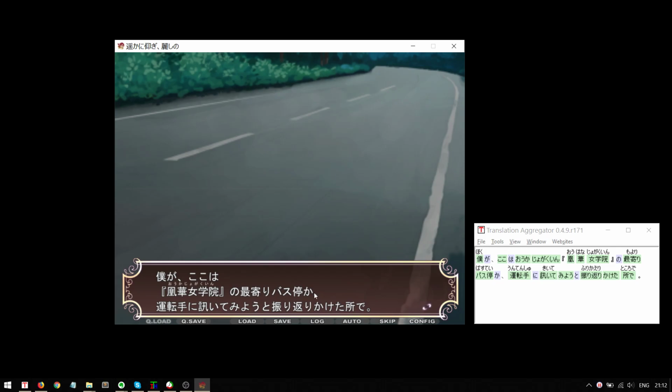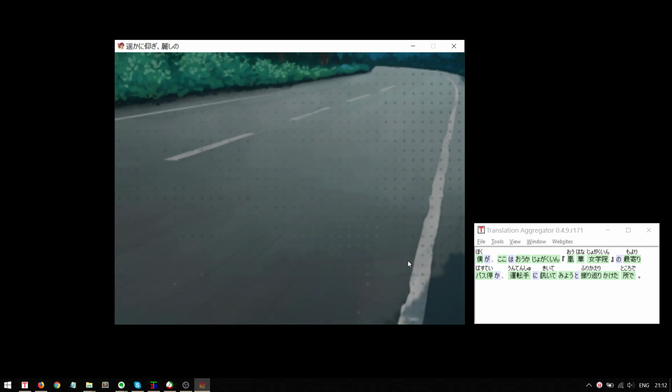This ka turns it into a question, and it also quotes the question, meaning he's asking, is this the closest bus stop to the girls' academy? And he's trying to ask that to the bus driver. So this is saying what question he's asking. So he's trying to ask the bus driver, is this the right place?